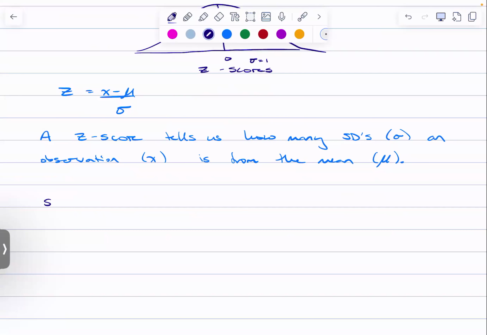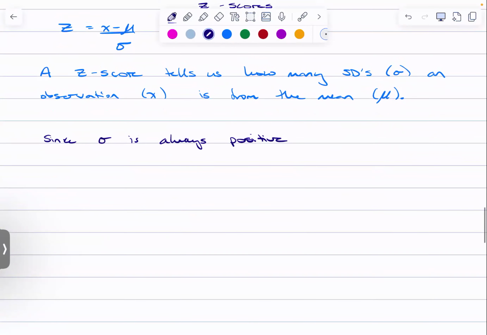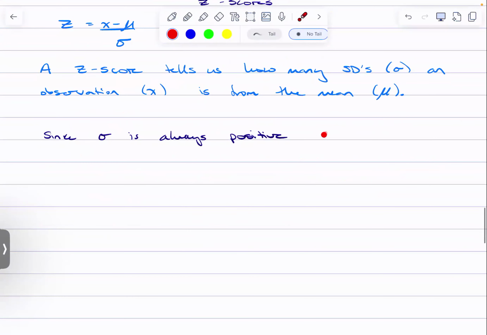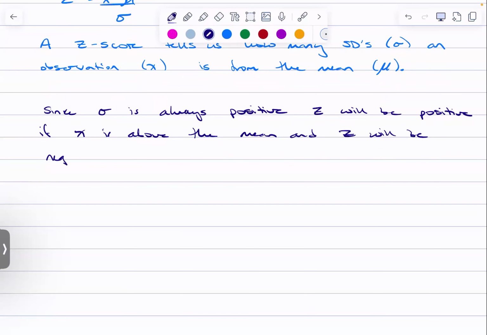Since sigma is always positive, Z will be positive if X is above the mean, and Z will be negative if X is below the mean.